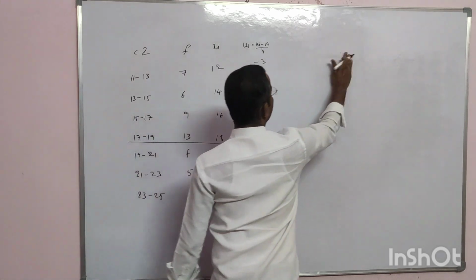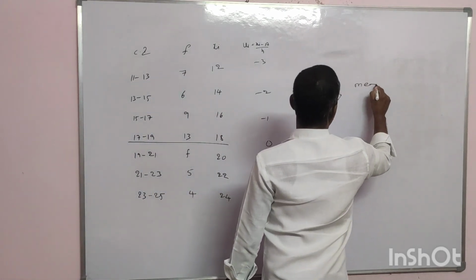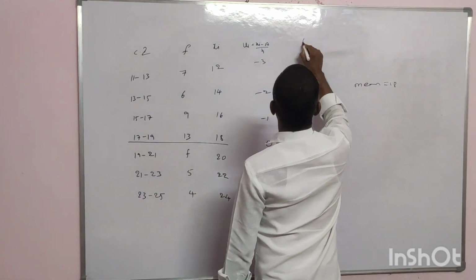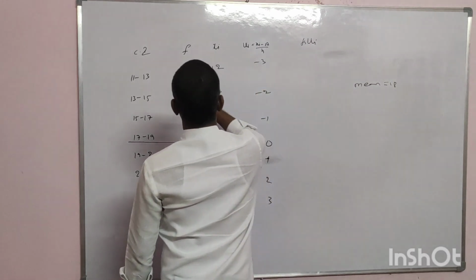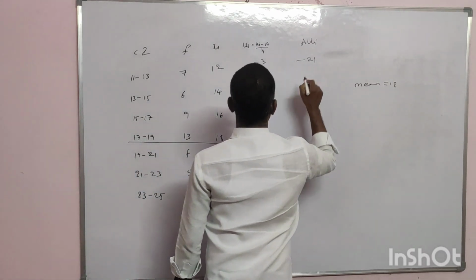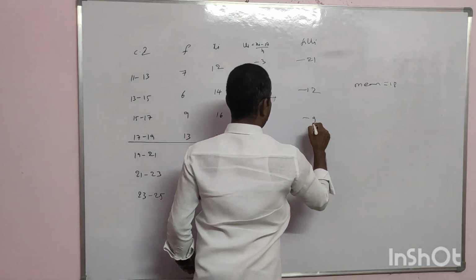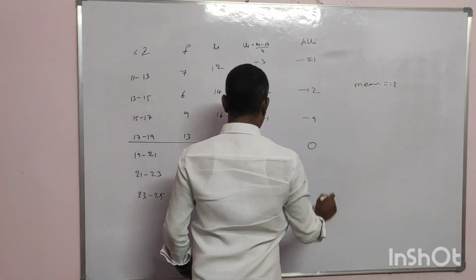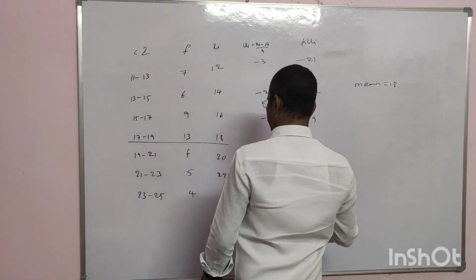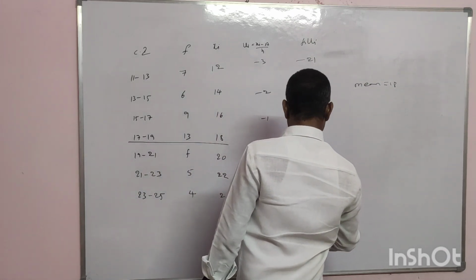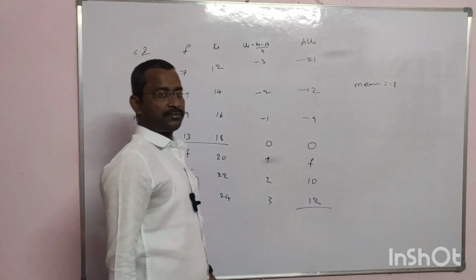This is the regular method. Next we take fi ui: 7 3s are 21, 6 2s are 12, 9 1s are 9, 13 into 0 is 0, f into 1 is f, 5 2s are 10, 4 3s are 12.